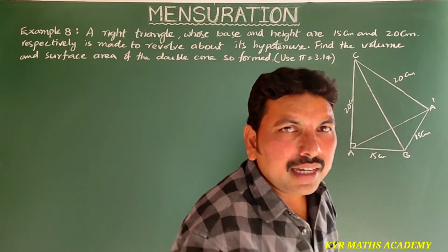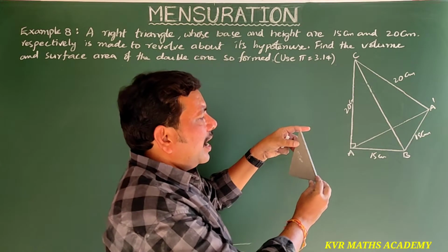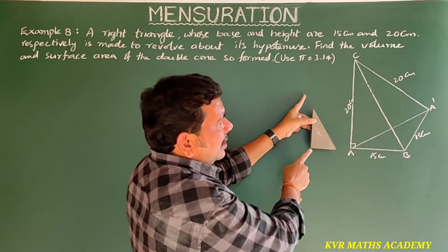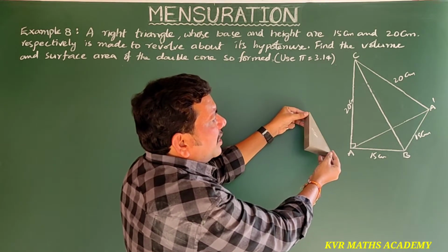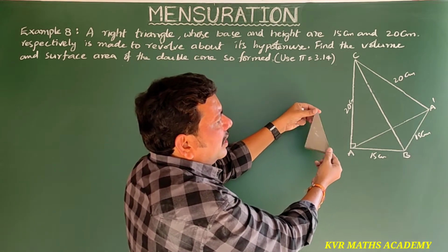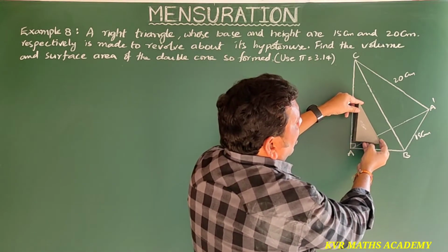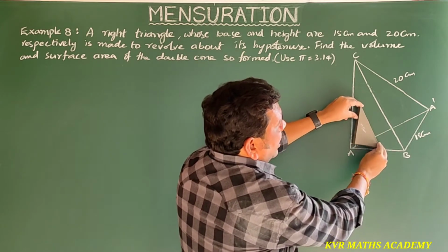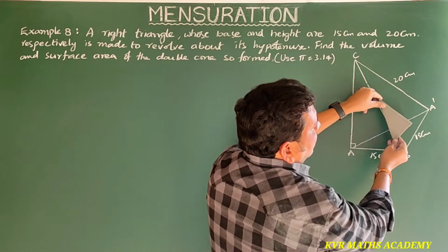Suppose see here, this is the right triangle ABC. So it revolves about its hypotenuse, like this. A double cone has formed, see. It revolves about its hypotenuse. This is the right angle triangle. Suppose it revolves like this.